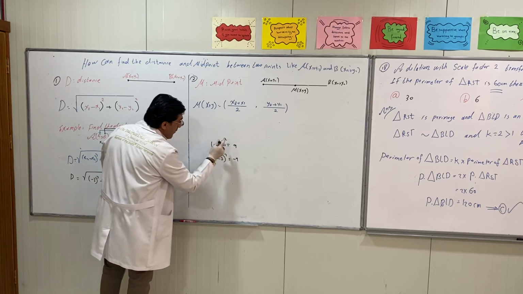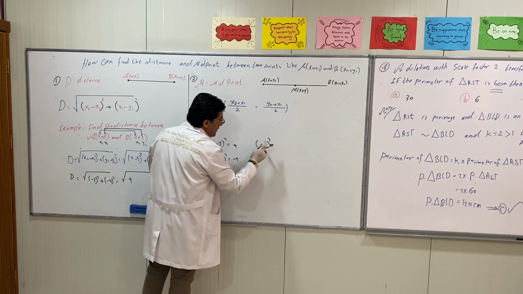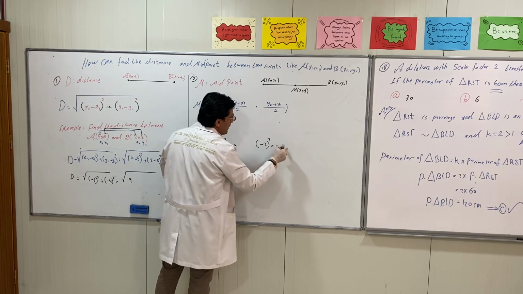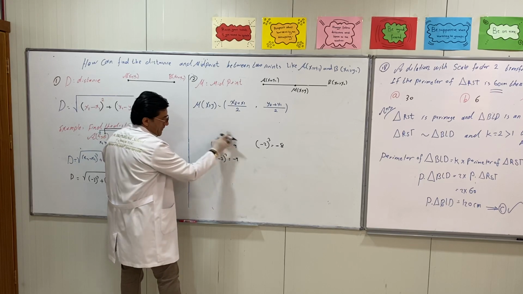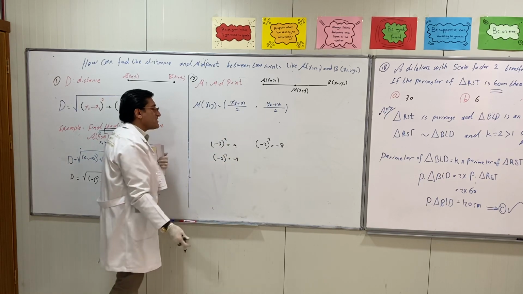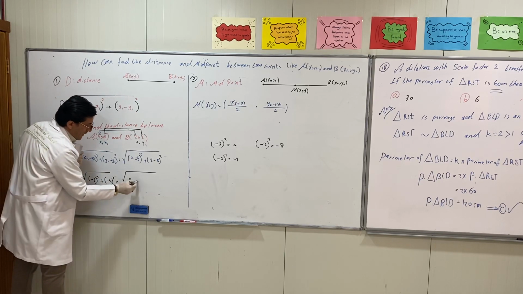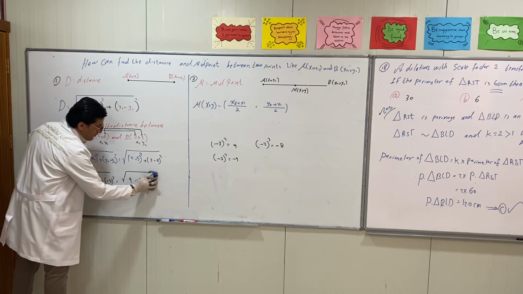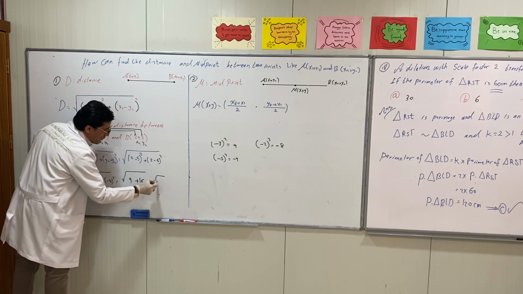But if the power is odd, for example negative 2 to the power 3, the result is negative, negative 8. For negative 3 to the power 2, the power is even, so it equals 9. Negative 4 to the power 2 equals 16. So now 9 plus 16 equals the square root of 25.